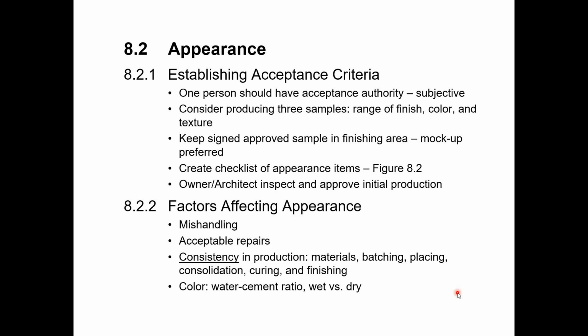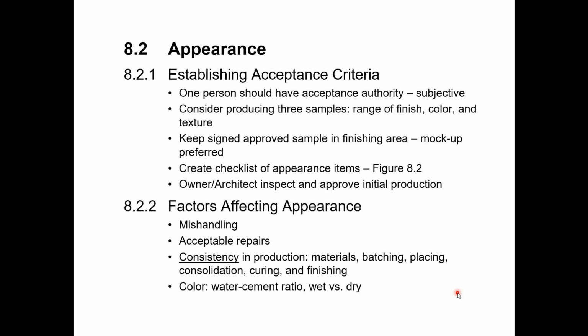You want to always create a checklist of items that were reviewed with the architect and that were approved or not approved. And it's usually always included in the specifications that the owner and the architect are responsible for inspecting and approving that initial production.